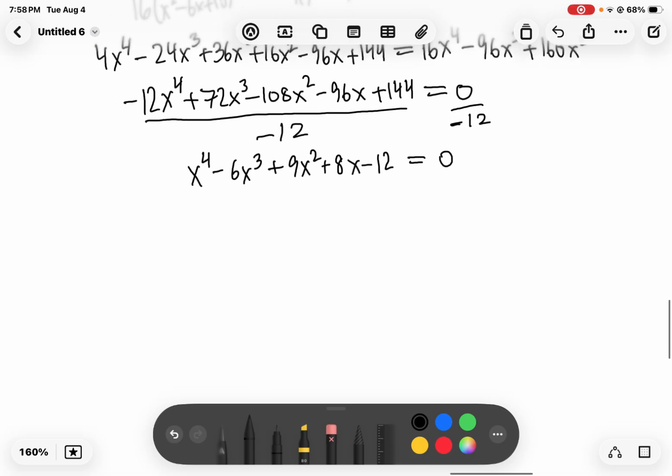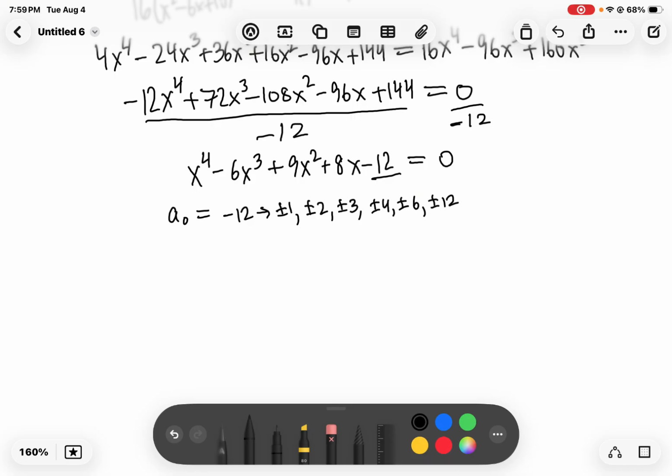Okay, good. So now to solve this quartic equation, we have to use the rational root theorem. If you don't know what the rational root theorem is, I have covered it in my pre-calculus series, so I definitely recommend you go ahead and check that out. But basically what you do is you find your constant term. So in this case, we have negative 12. And then you find all the factors of negative 12. So it's plus minus 1, plus minus 2, plus minus 3, plus minus 4, plus minus 6, and plus minus 12.